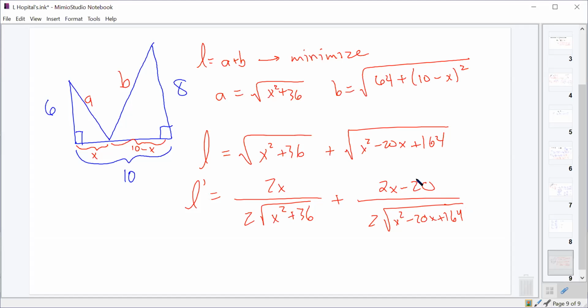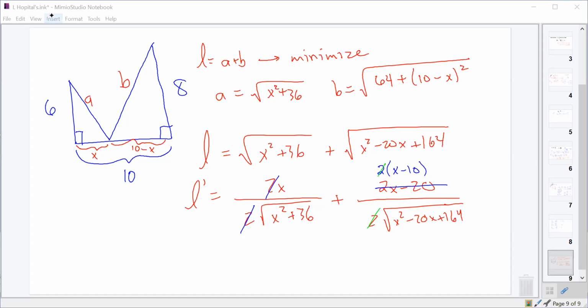Good. All right, so now we'll do just a bit of simplification before we try to figure out when this equals 0 and when this is undefined. First off, I can cancel those 2's. And then this one, I can take a 2 out of this, making this 2 times x minus 10, and then I can cancel those 2's. So I think that'll make life a little bit easier.